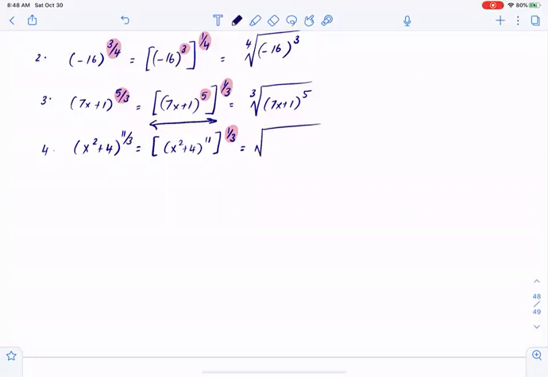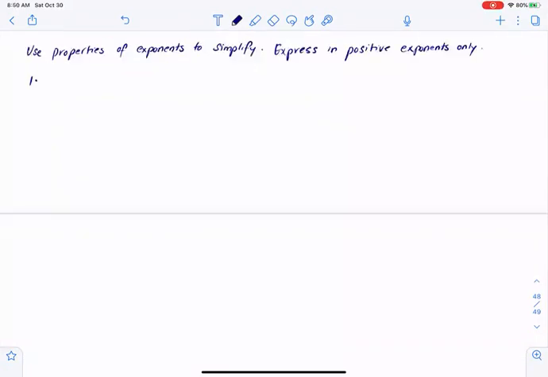So, excuse me, the third root, which in fact is the odd root. So the third root of x squared plus 4 raised to 11. So if you can figure out the middle expression or how to rewrite in terms of the middle expression, going from there to the radical notation is quite straightforward.